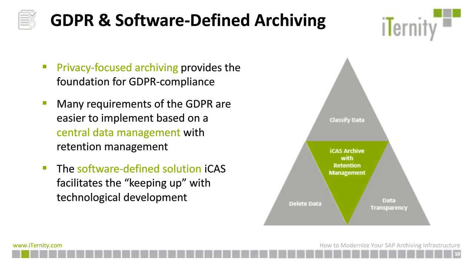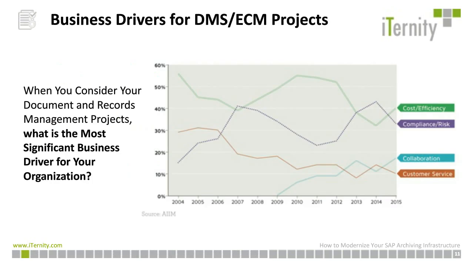Very important here too is encryption at rest. We want to protect the data that is in the archive so that unauthorized access can be restricted. Other business drivers for DMS and ECM projects are cost efficiency and compliance and risk as the top ones.